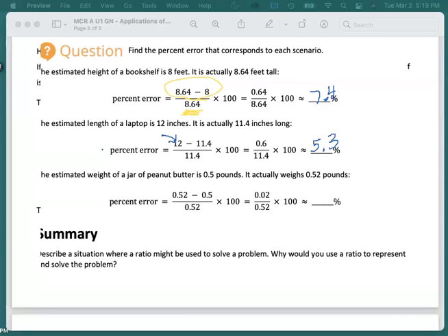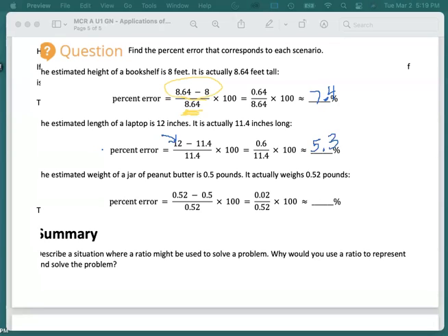And last one, the estimated weight of a jar of peanut butter is 0.5 pounds. It actually weighs 0.52 pounds. So to find the percent error, you're going to subtract: 0.52 minus 0.5 is 0.02.